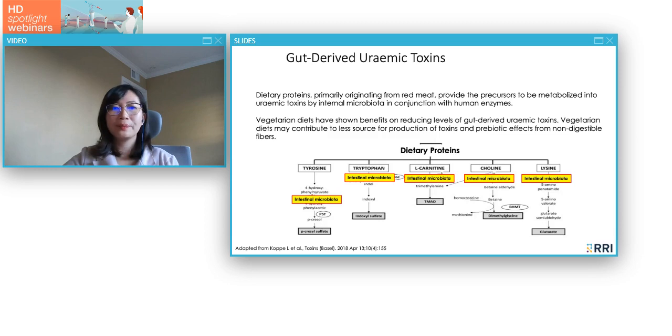So gut-derived uremic toxins come from proteins, primarily from red meat. Some comes from fish consumption.